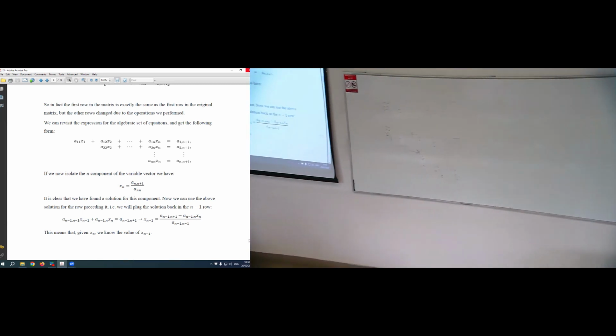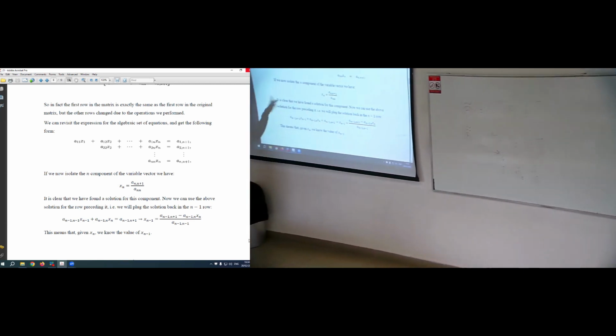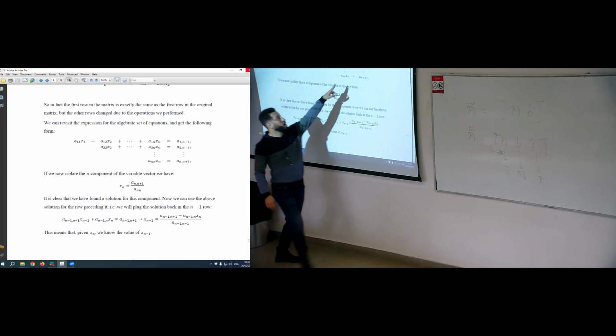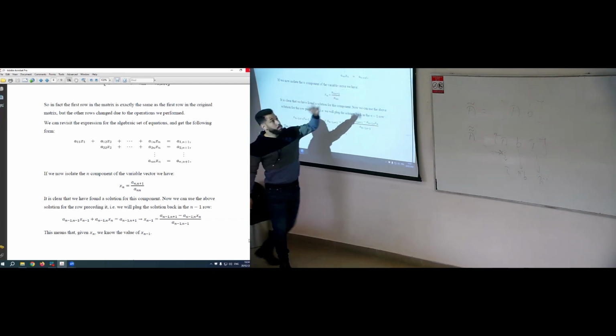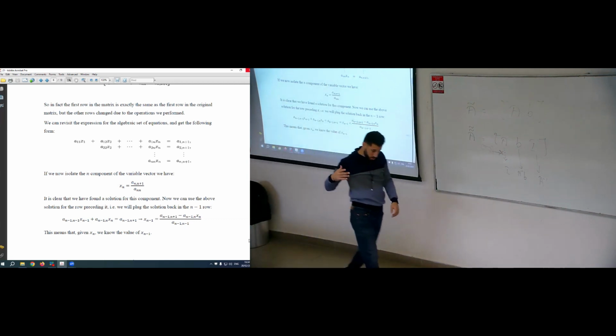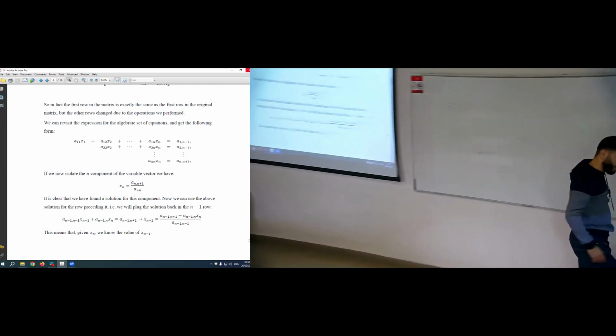So when we talk about the first row, this is at the end of the process. x_1 will be dividing something by a_11. What's that something? It is a_{1,n+1} minus this linear combination of the variables that we have already found.